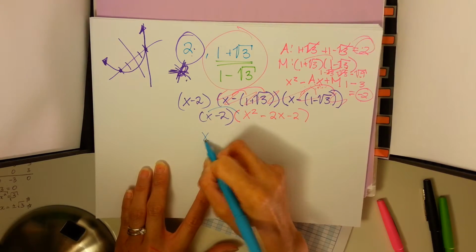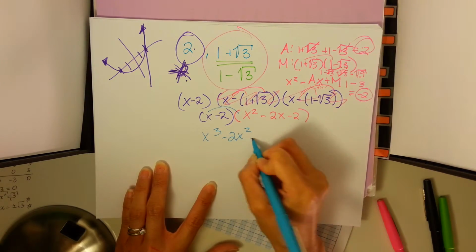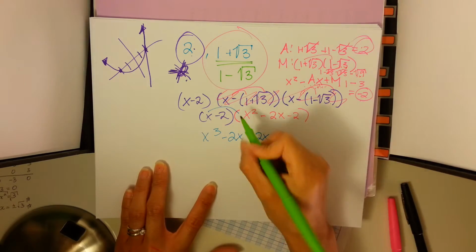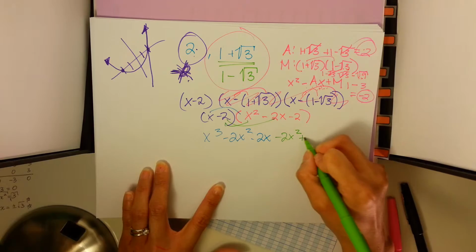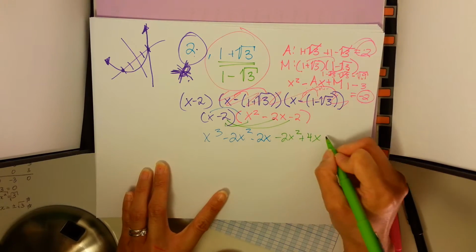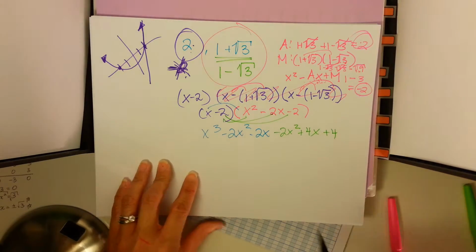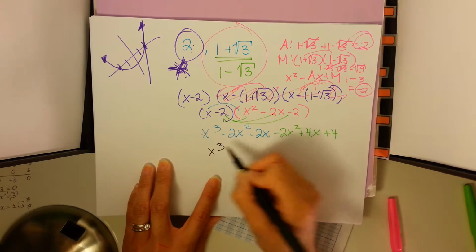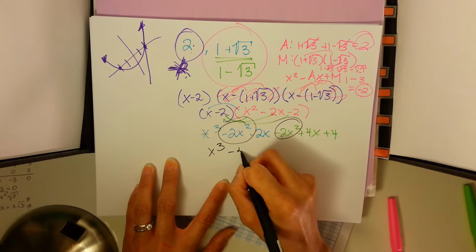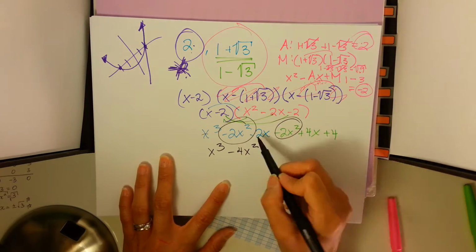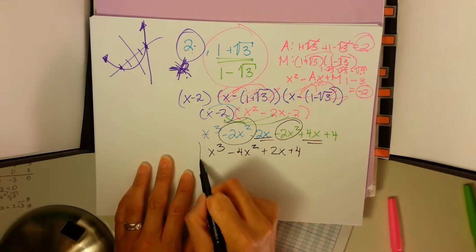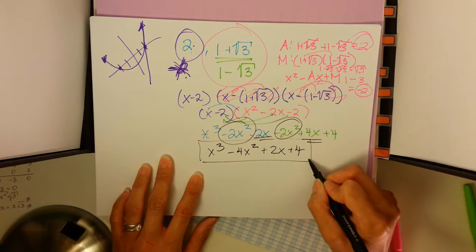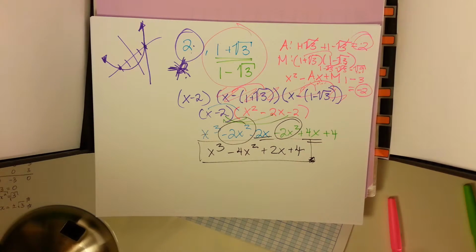So you're going to go x cubed minus 2x squared minus 2x minus 2x squared plus 4x and plus 4. Now, hopefully I've done good mental math here. When I combine these guys, I get negative 4x squared. These guys, and I get plus 2x plus 4. Notice how I still put it in the standard form, in other words, decreasing power order.